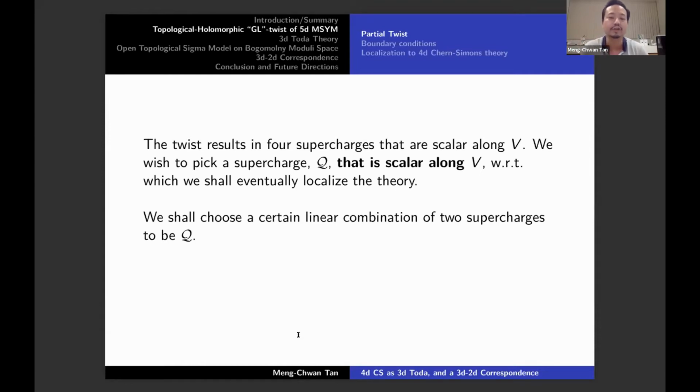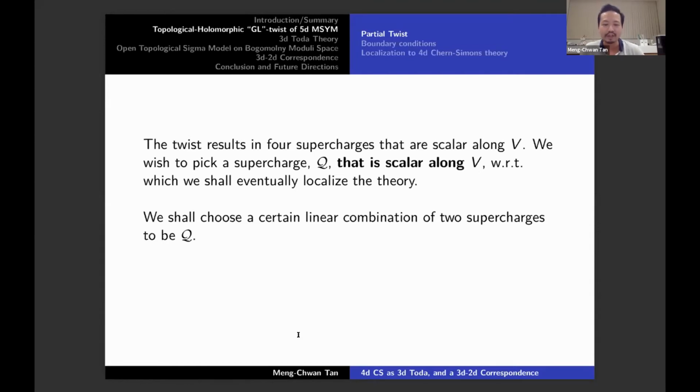So we wish to pick a supercharge Q that is a scalar along V, which we would like to localize the theory with respect to. What this means is to put the Lagrangian in a Q-exact form, and then look at the contributions to supersymmetric or BPS configurations that are given by the supersymmetry variations of the Fermi fields being 0. That's exactly what we're doing.